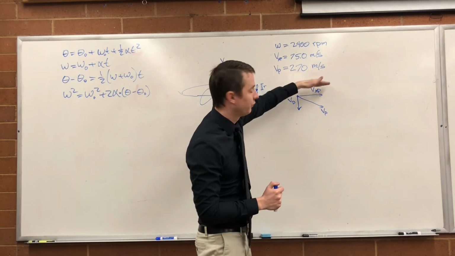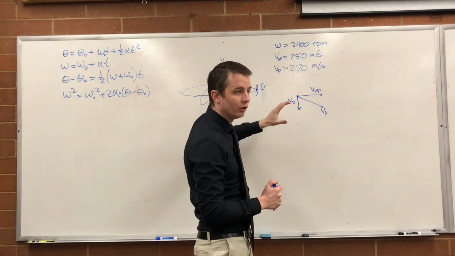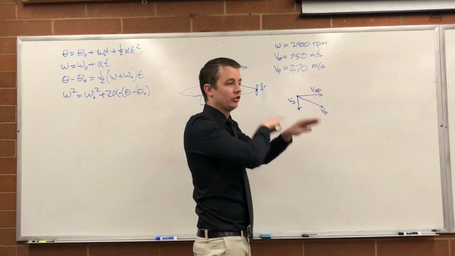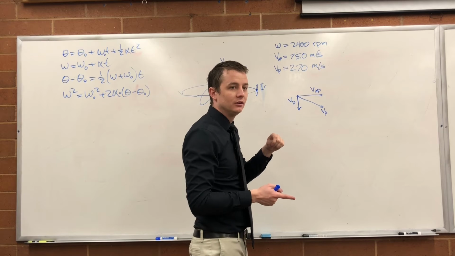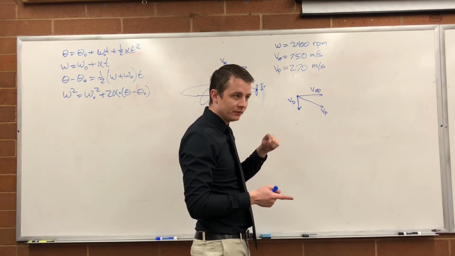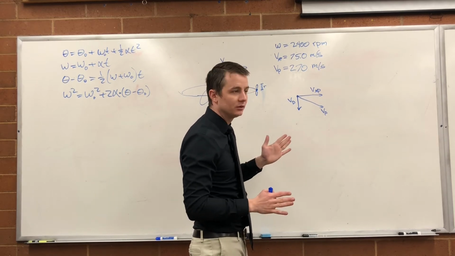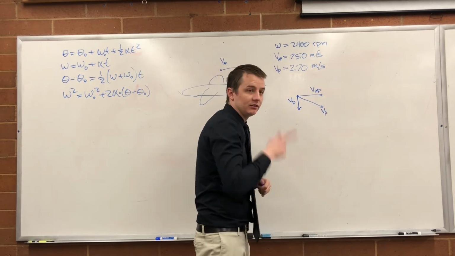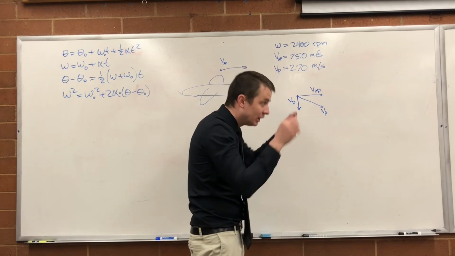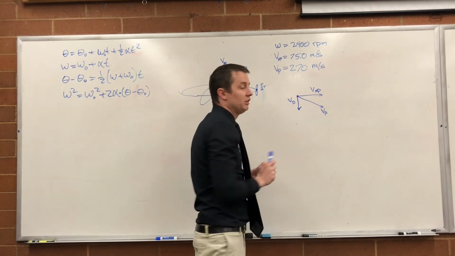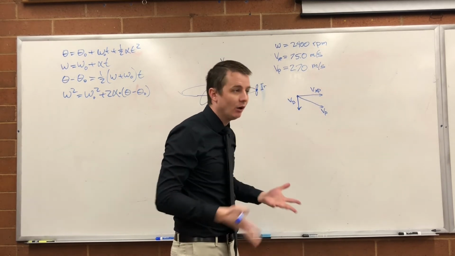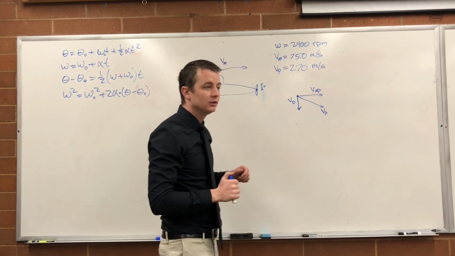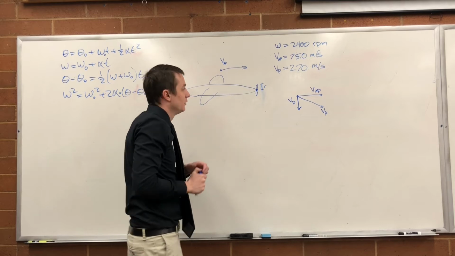You need to take into account the forward velocity of the plane as well. The total velocity of the propeller can't be over 270 meters per second. Not just the spinning velocity. Oh, I see. That makes sense. So we have to take both into account. You have to take into account that the propeller is moving forward and that it's spinning. And so no point on that propeller can go over 270 meters per second when you take into account all those velocities. Otherwise, it's going to start getting really loud. Does that make sense? Okay.